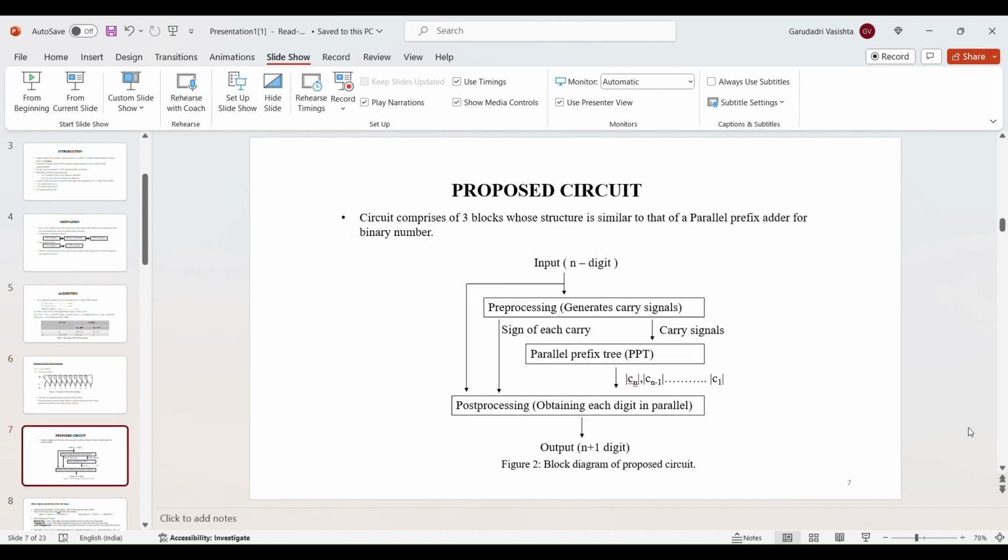And in this paper, we are proposing this new circuit which is using parallel prefix. So this circuit has three stages. First is, as we can see, pre-processing, then the parallel prefix tree, and post-processing.